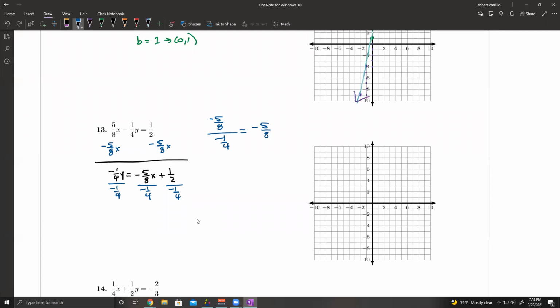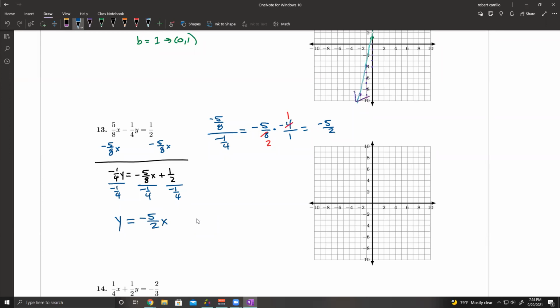And you get negative 5/8 times negative 4 over 1. We can cross cancel, and I can take a 4 out. So that becomes 1. That becomes 2. And we get left with negative 5/2. So y equals negative 5/2 x.